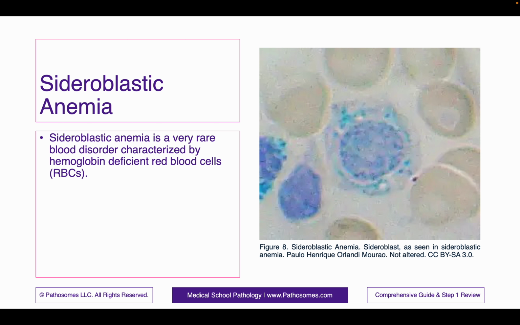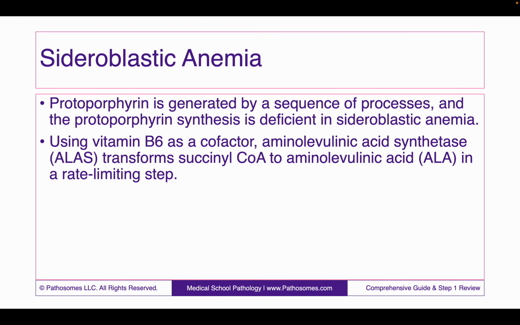a ringed sideroblast. Now, there are numerous conditions that can cause sideroblastic anemia, which include classically lead poisoning, as well as alcoholism, and there are a few more that we will discuss. With regards to sideroblastic anemia, protoporphyrin is generated by a sequence of processes, and the protoporphyrin synthesis is deficient in sideroblastic anemia.